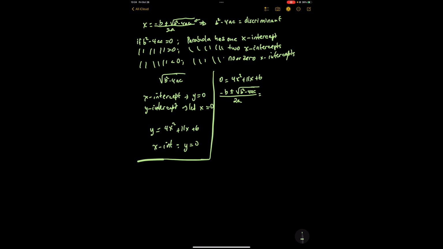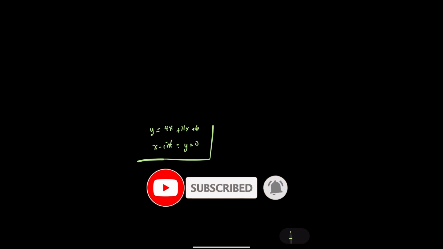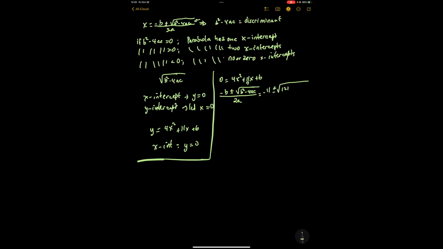So, what would that be equal to? This is b, so it will be negative 11 plus or minus the square root of 11 squared, which is 121, minus 4 times a, which is 4, times c, which is 6, over 2a.